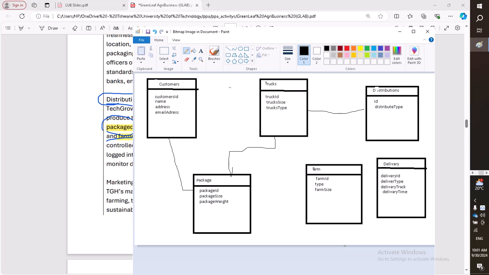Then also the truck, the package has a relationship with the farm. Now they have a relationship. And also the distribution, and then a truck is the one that delivered the package. So okay, let's connect again.